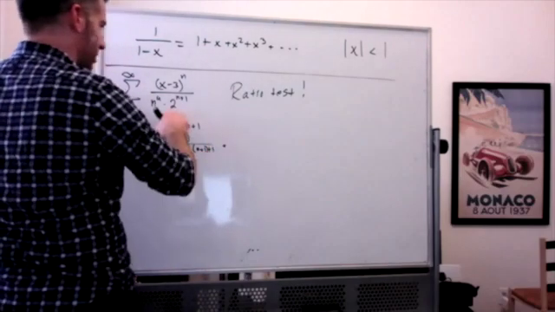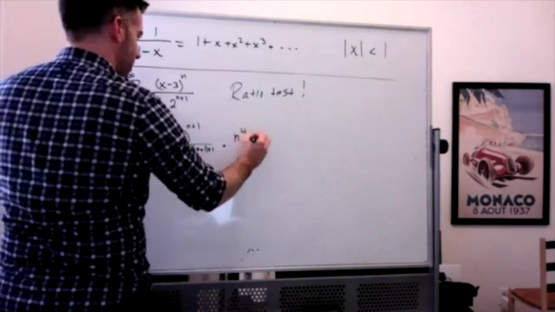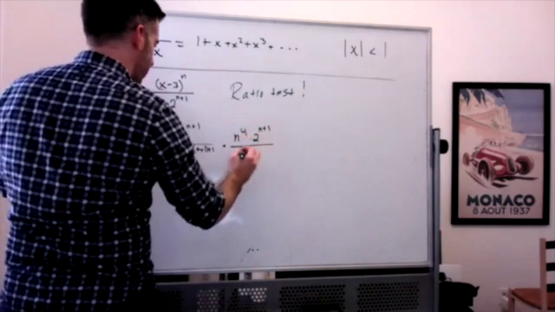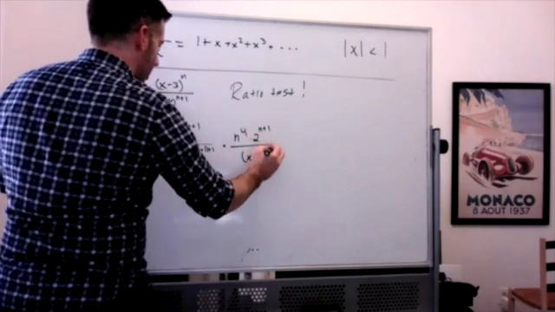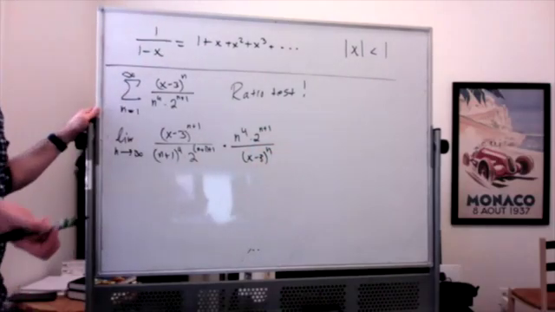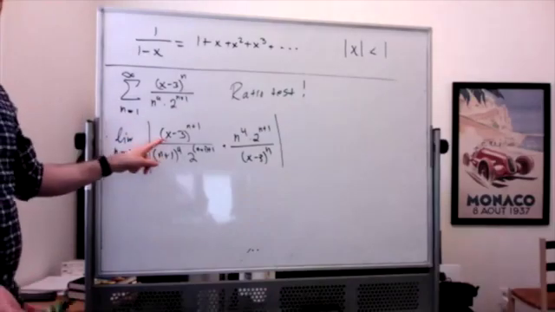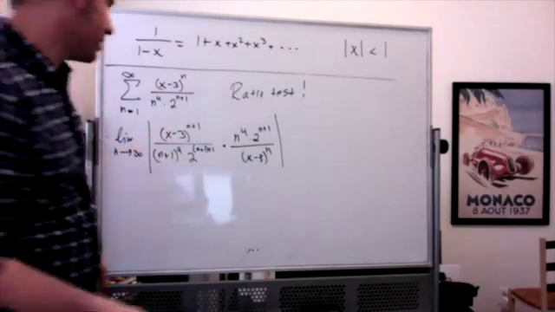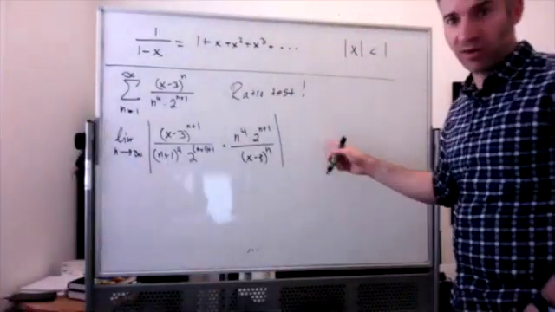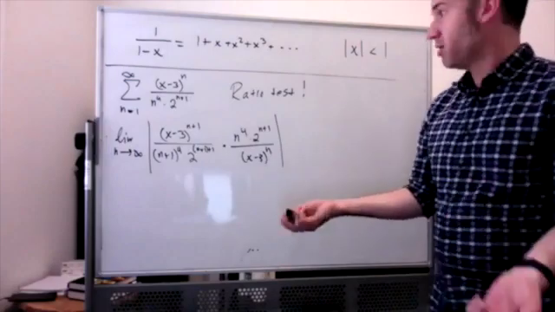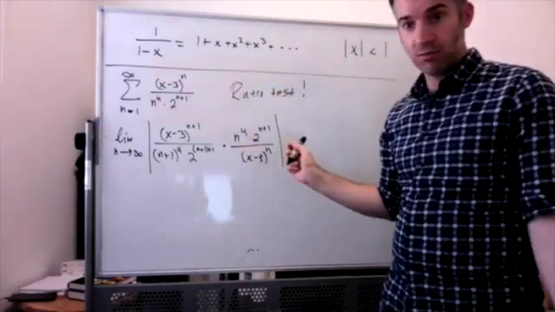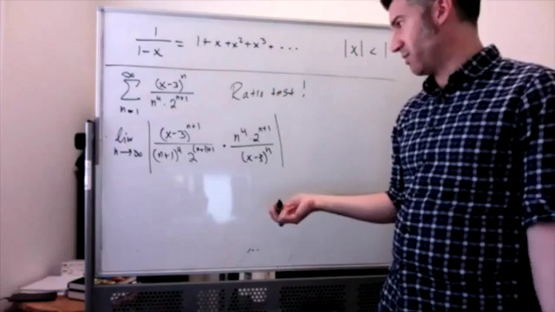So times the reciprocal, n to the 4th times 2 to the n plus 1 over (x minus 3) to the n. And here's where we actually do need the absolute values, because x could be anything. We want this limit. Eventually, we're going to say this limit has to be less than 1 so that this converges. Okay, well, let's simplify this.